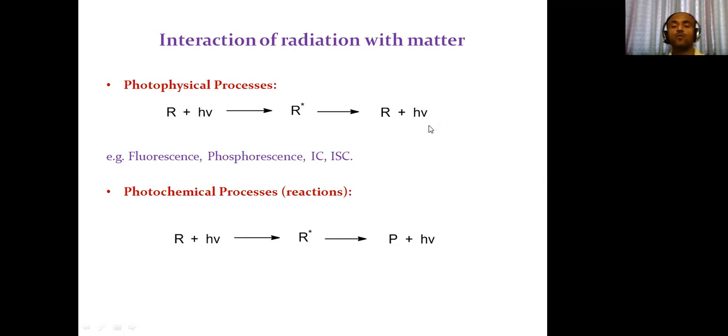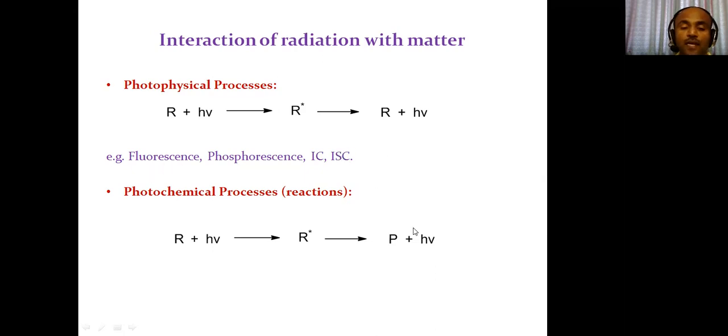Okay, so at the end of the process we get the same starting material. Therefore, this is a physical process, there is no chemical reaction taking place. And the examples of photophysical processes are fluorescence, phosphorescence, internal conversion, and inter-system crossing.